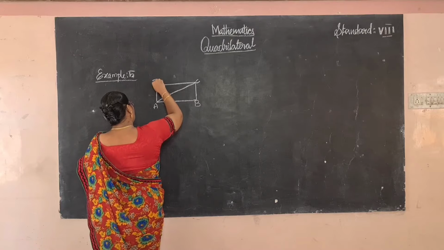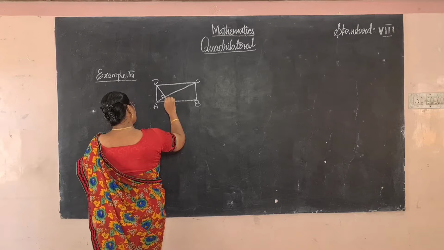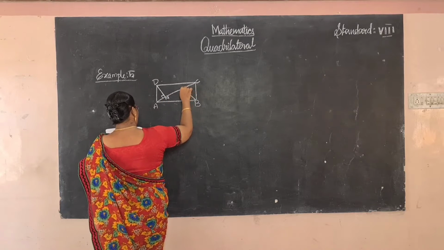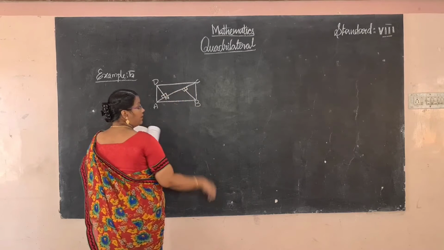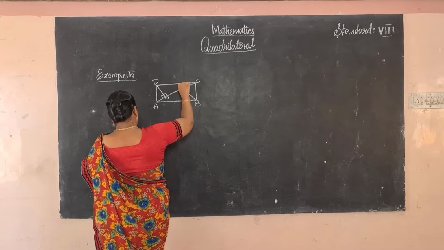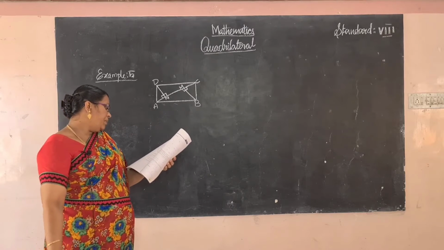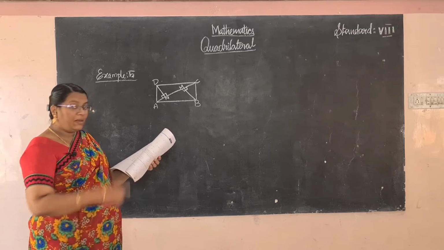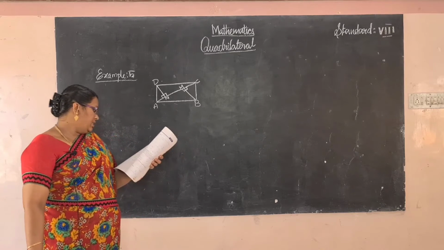Here the perpendicular line is given, denoted N. And here also a perpendicular line, denoted M. Here 90 degrees, here also 90 degrees. ABCD is a rectangle. BM and DN are perpendiculars from B and D to AC. Prove that.